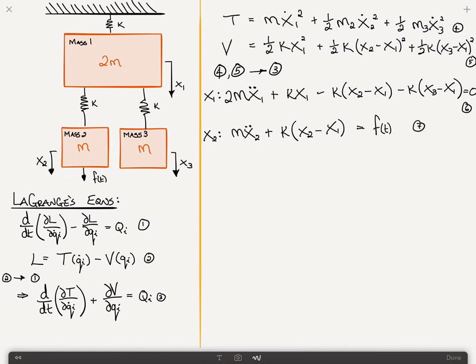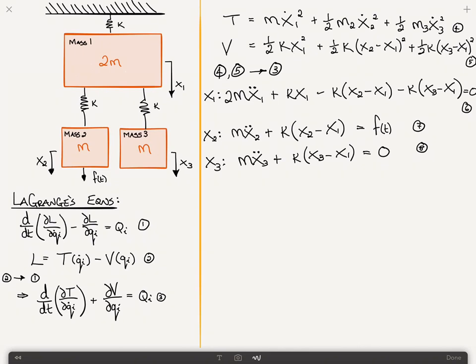This is equation 7. And in the case of x3, we get something similar. m x3 double dot plus k times (x3 minus x1). In this case, it's equal to 0. That would be equation 8.